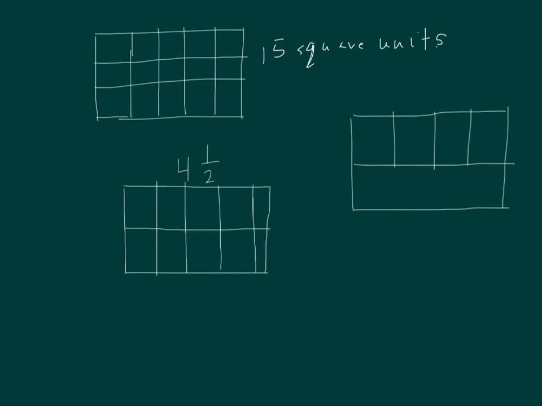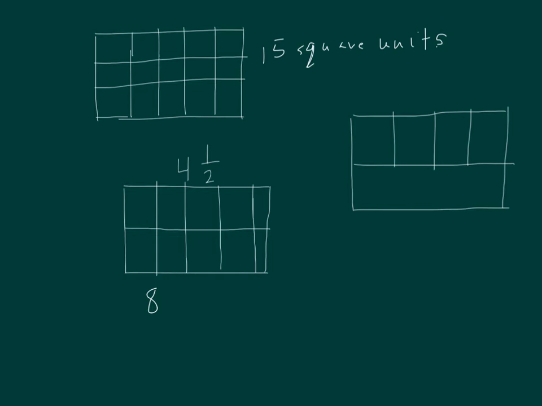Now we come down here to this next rectangle, and you'll notice, if we imagine this was drawn perfectly, that these aren't full squares. They're a little bit smaller, and we can use this measurement here to help us know that this is 4.5. So we have 4 full squares and then a half square here. To determine the area of this rectangle, we're just going to count the full squares: 1, 2, 3, 4, 5, 6, 7, 8. So I know there's 8 full squares, and then we also have the 2 half squares here.